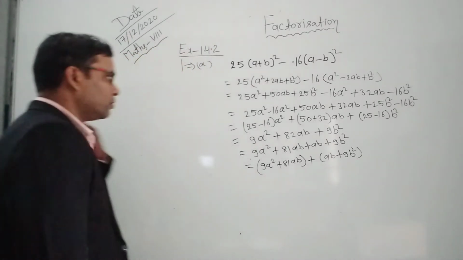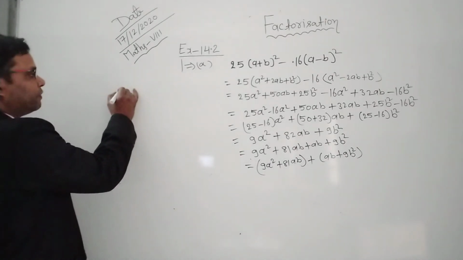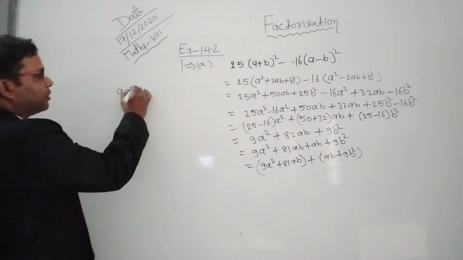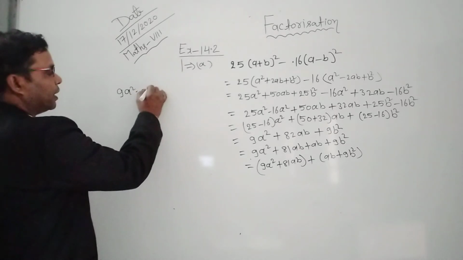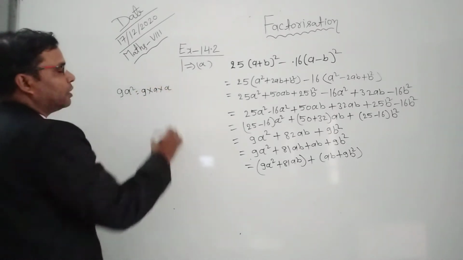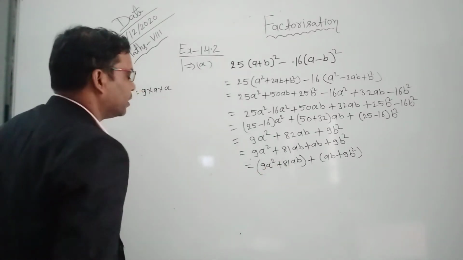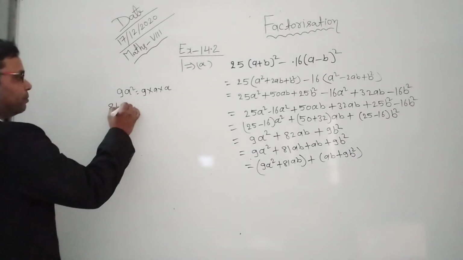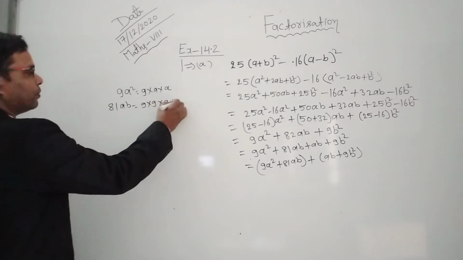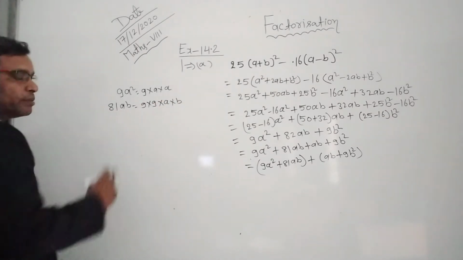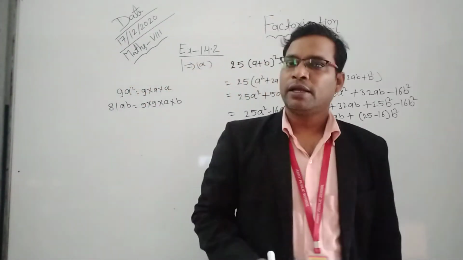This first term is 9 A square, which you can express as 9 into A into A. The second term, 81 AB, you can write as 9 into 9 into A into B, where 9 into 9 becomes 81 and A into B becomes AB.